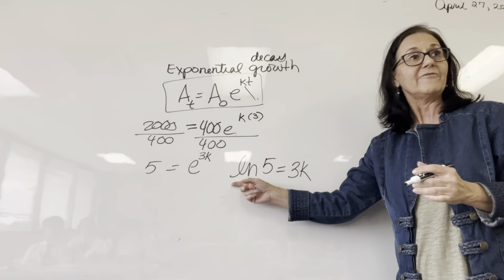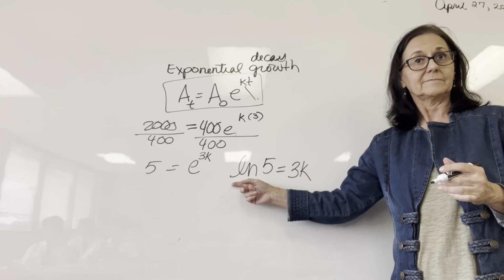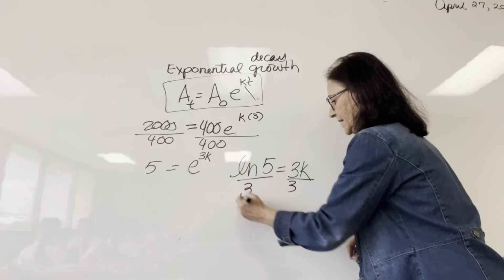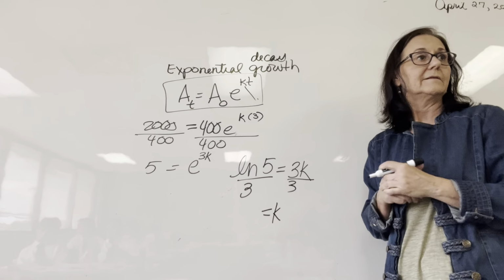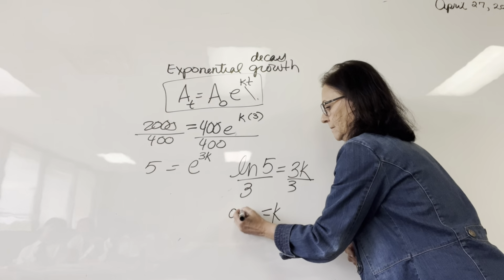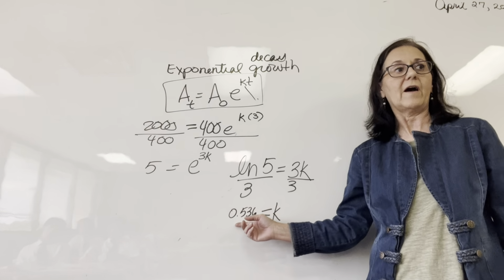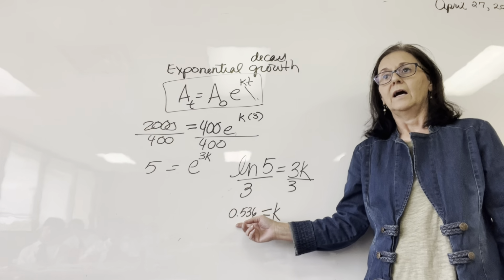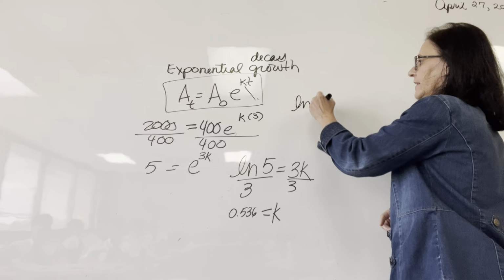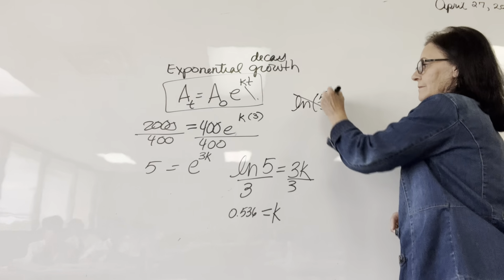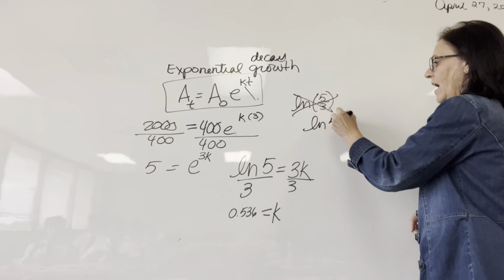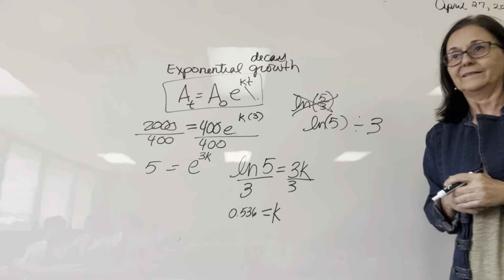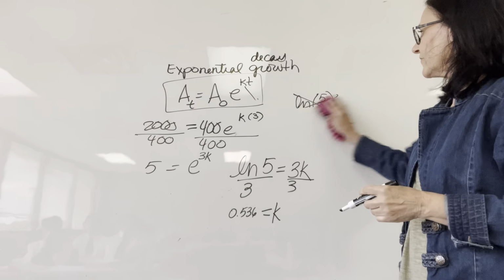Do the ln of 5 in your calculator, 1.6, and then divide it by 3 to get the value of your constant. 0.536. This is not the ln of 5/3. It's the ln of 5, divided by 3. Got it?